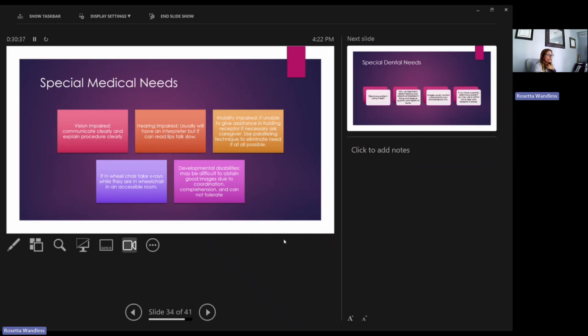Now, if we were talking about taking x-rays or radiographs on anybody with special medical needs, these are a couple of reminders for us. If somebody is vision impaired, we need to communicate and explain the procedure clearly so they have an idea of what we're doing and when, and we're not surprising them, barging into their mouth going, hey, we're taking these x-rays.